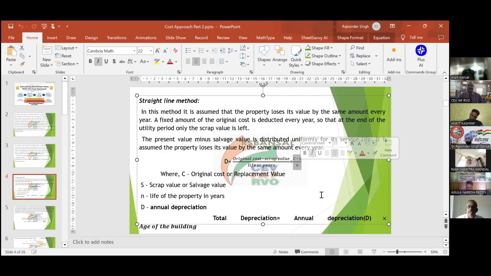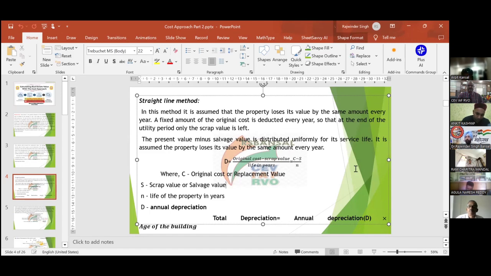Sir, is there any guideline for the salvage value or scrap value? Sir, there is no guideline. No book has given any fixed salvage value; it will depend upon the type of construction. For load-bearing structures, we generally take it to be 10%.